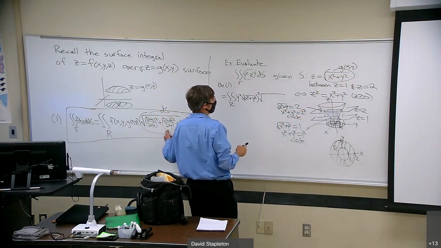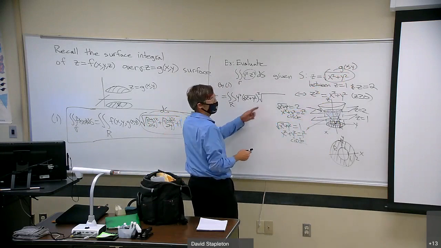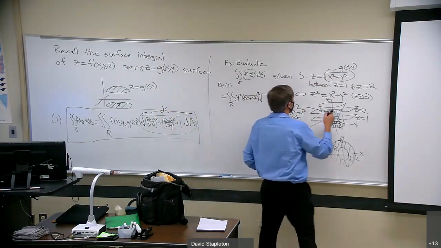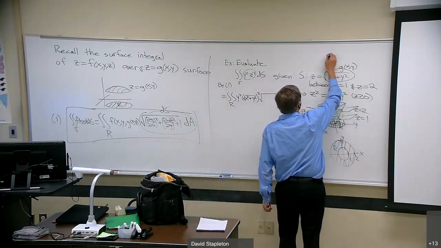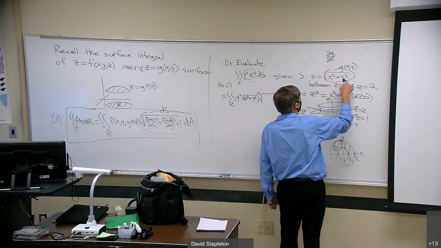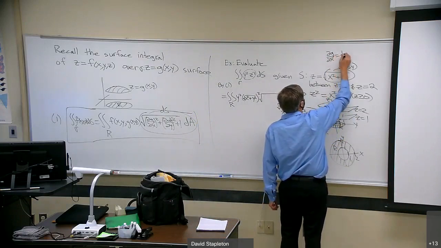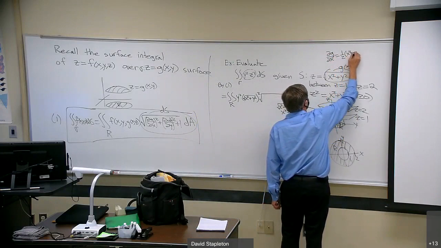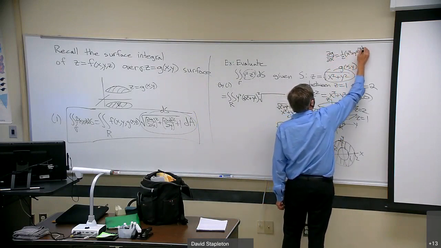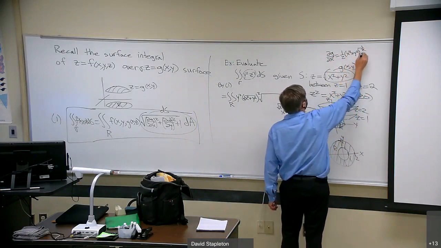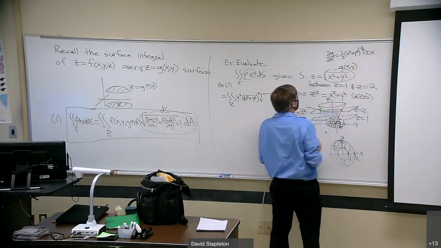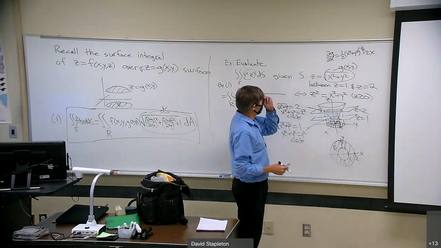This is actually a fairly important pair of partial derivatives here because they come up a lot in practice. If that's g of x y, then I want to compute dg/dx. If this is (x squared plus y squared) to the 1/2, I have 1/2 (x squared plus y squared) to the minus 1/2 times the partial derivative with respect to x, which is 2x. So it's the chain rule treating y as a constant.